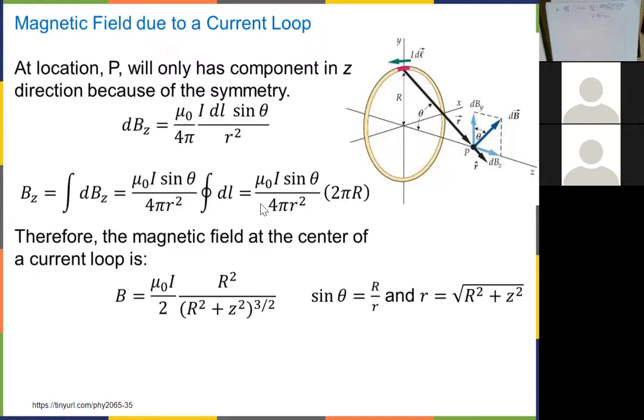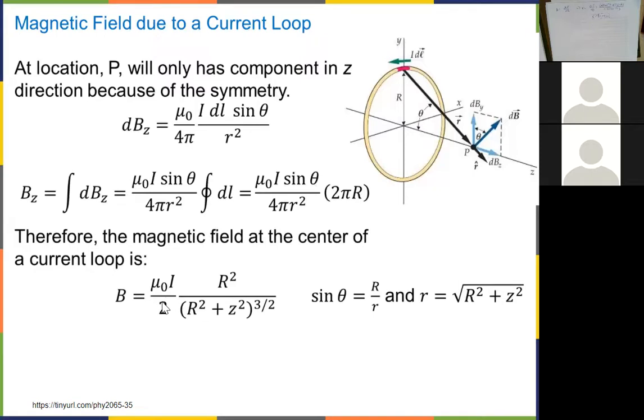You are integrating with the only variable being L, so you use the circumference, 2 pi r. Then the 2 pi and 4 pi partially cancel out, and 2 remains: mu naught I divided by 2.